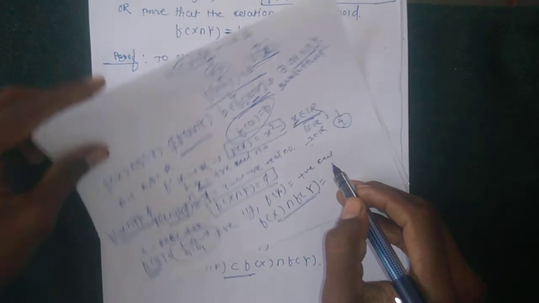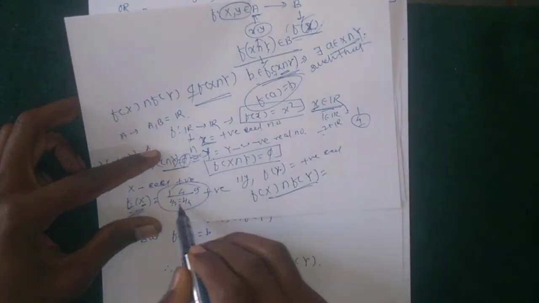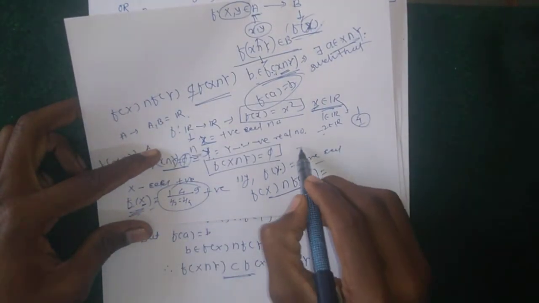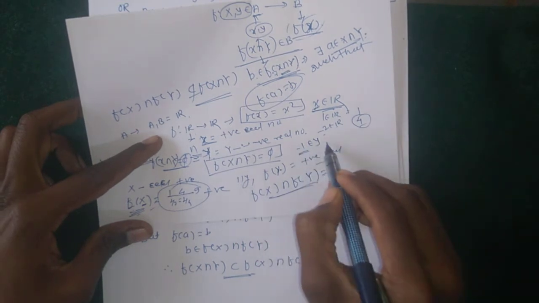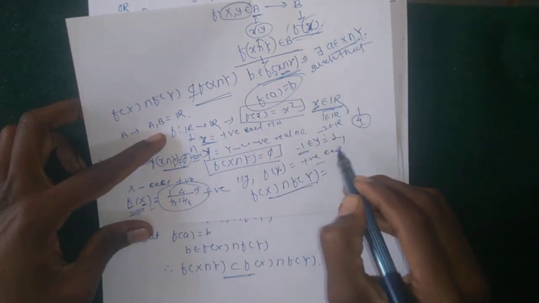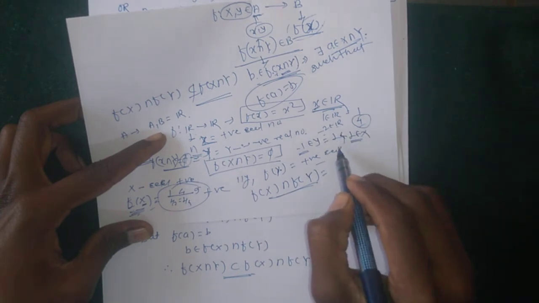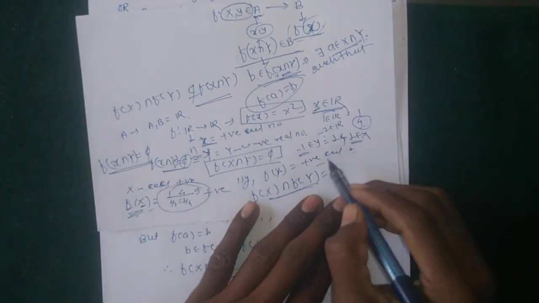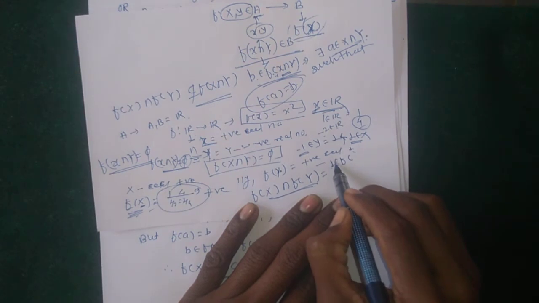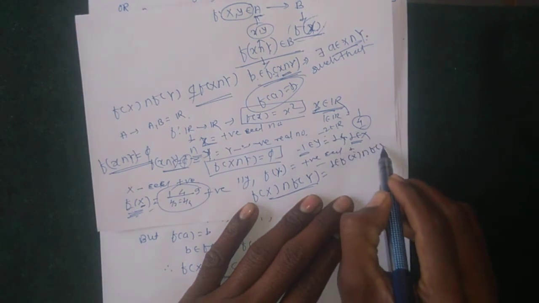The image set contains many elements. Minus 1 belongs to y, then its image is 1. Similarly 1 belongs to x, then its image is also 1, meaning 1 is common in their images, so 1 belongs to f of x intersection f of y.